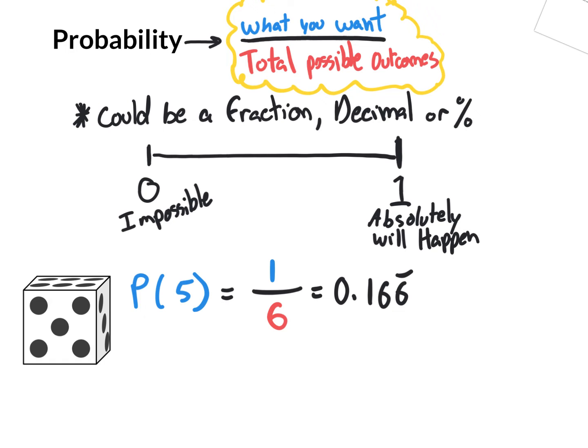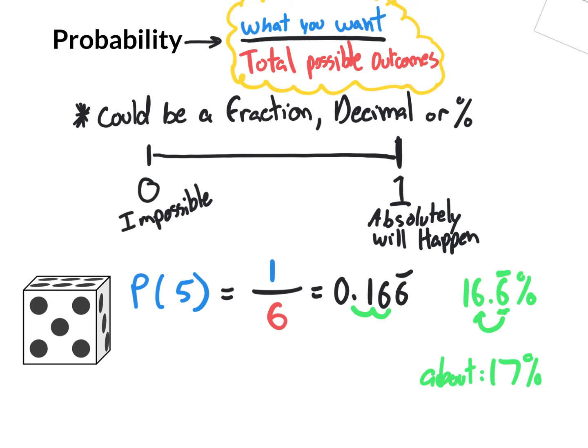To write it as a percent, you just move the decimal 2 spaces over, and your percent will be 16.6%. Of course, we know that 6 repeats. If I were to have said write it as a whole percent, then you would round this up to 17, so it's about 17%.